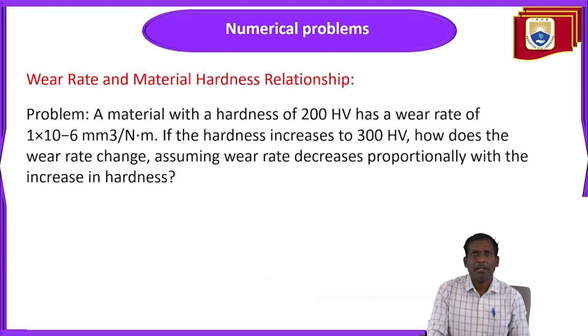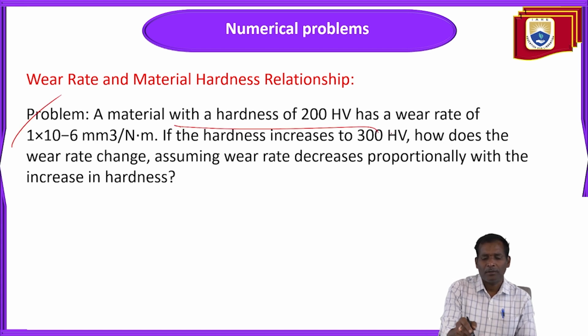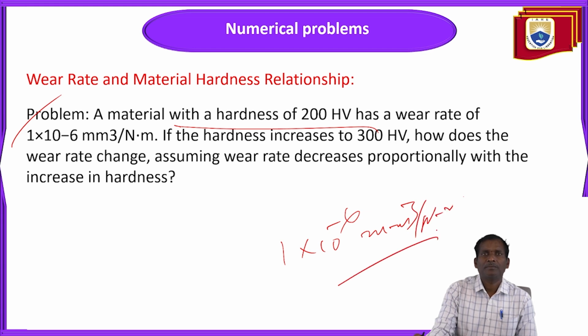Next, wear rate and material hardness relationship. A material with a hardness of 200 HV has a wear rate of 10 to the minus 6 mm cube per newton meter.